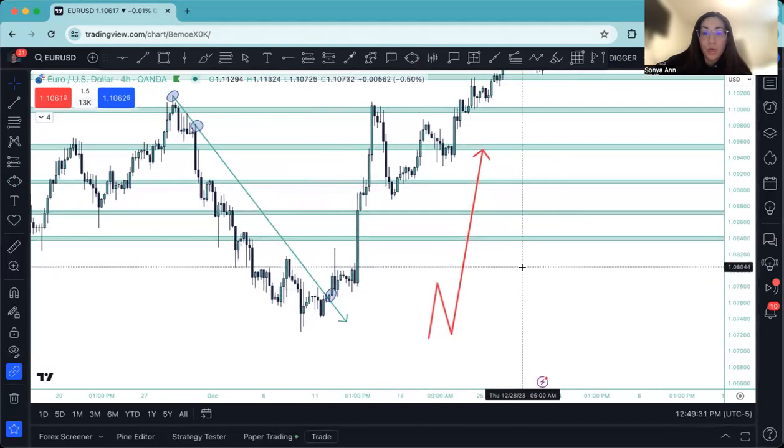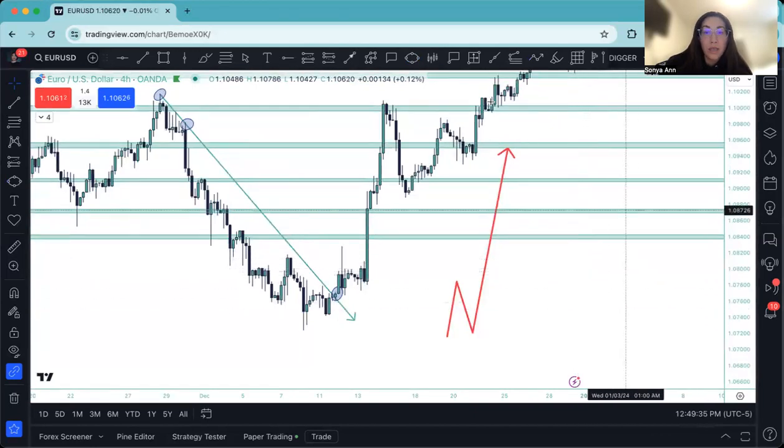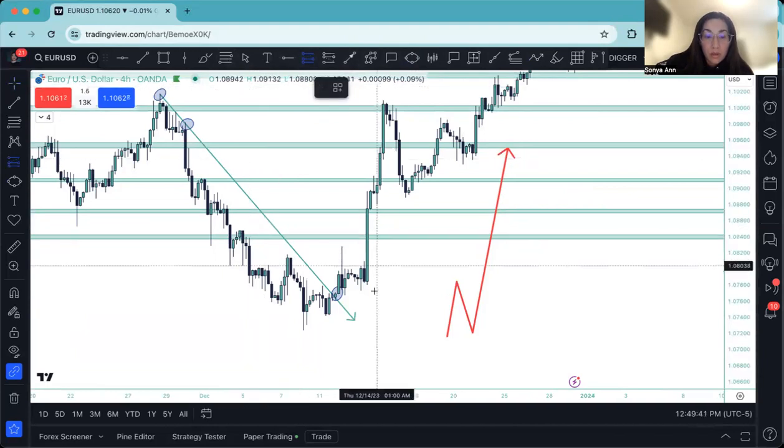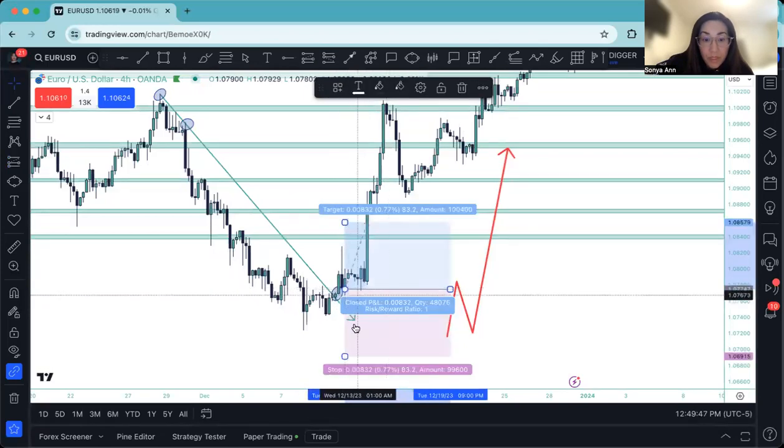And so we're going to have a module strictly on entering, but I'm just going to show you the potential when you get in after the retest. So that would be the retest candle.